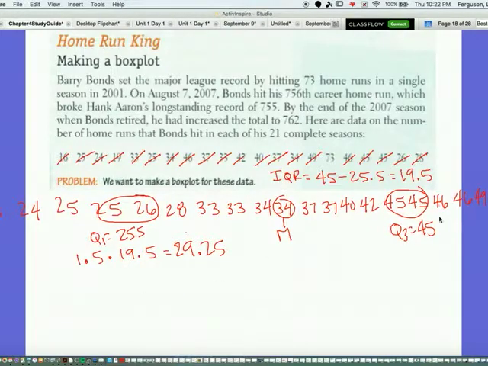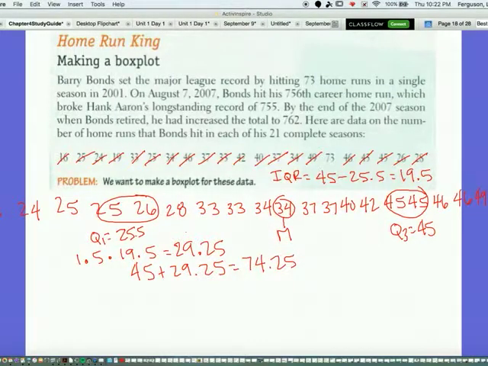Then, if I have any outliers on the right side, that would be 45 plus 29.25, which would give us 74.25. If I have anything that's over 74.25, then it's considered an outlier.